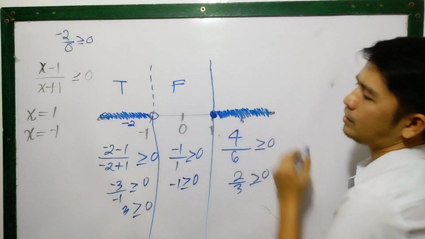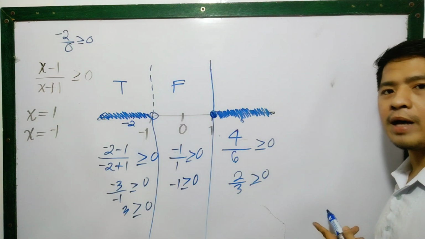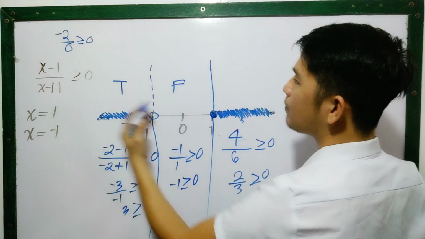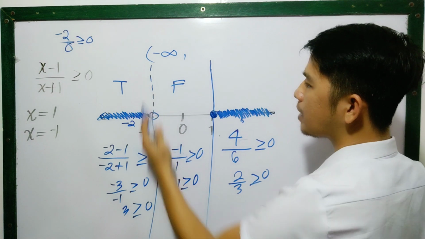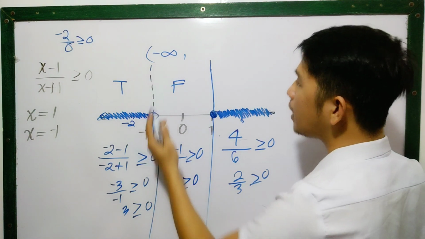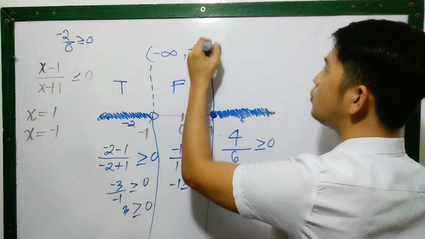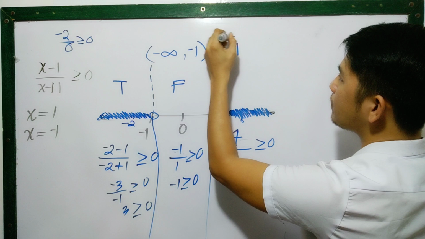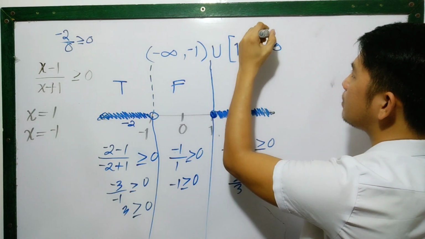Dalawa sila, no? So, marunong na kayo mag-express niyan using interval notation, di ba? So, tulad nung ginawa natin kanina, your x is starting from left to right, negative infinity, mag-stop sa negative 1, but negative 1 is not included. And the union of, mag-start ulit dito sa positive 1, but this time kasama na siya, going to the positive infinity.